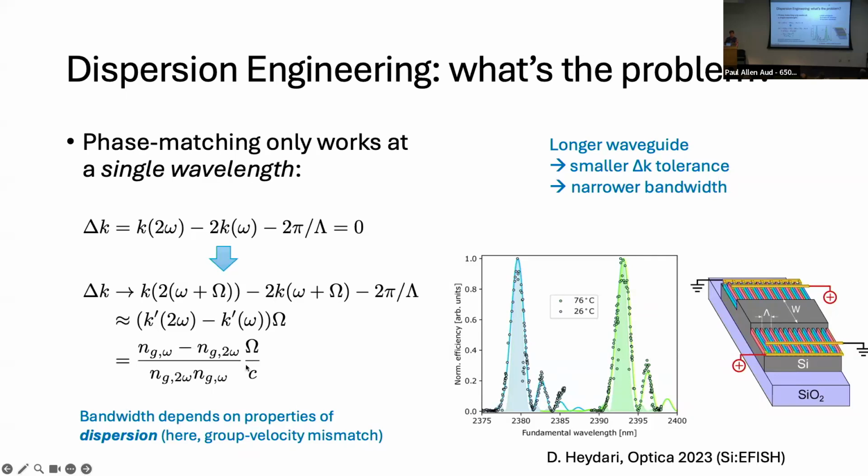And then what you get here is a term that depends on the differences in the group indices times your delta omega. So basically what this says is that to achieve broadband phase matching, I need to control the dispersion of the waveguides through which my light propagates. And if I don't do that, then the bandwidth of my interaction is just going to be very narrow.